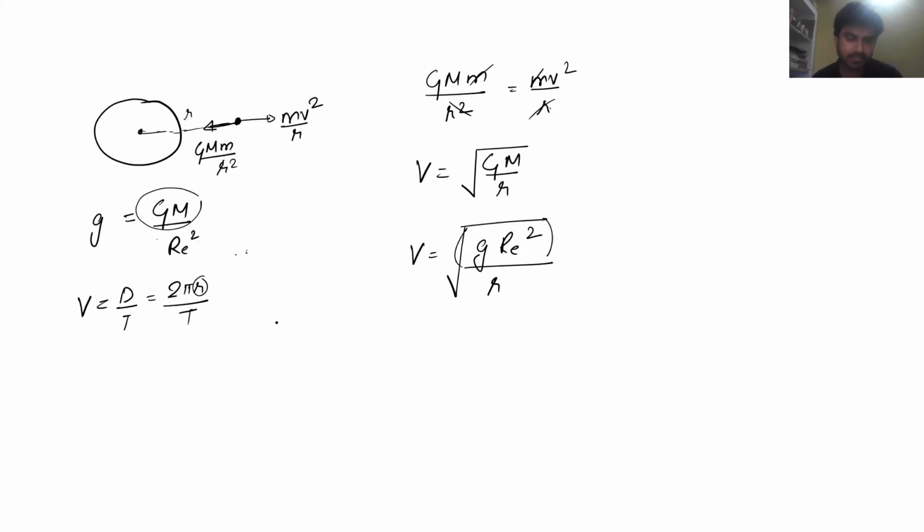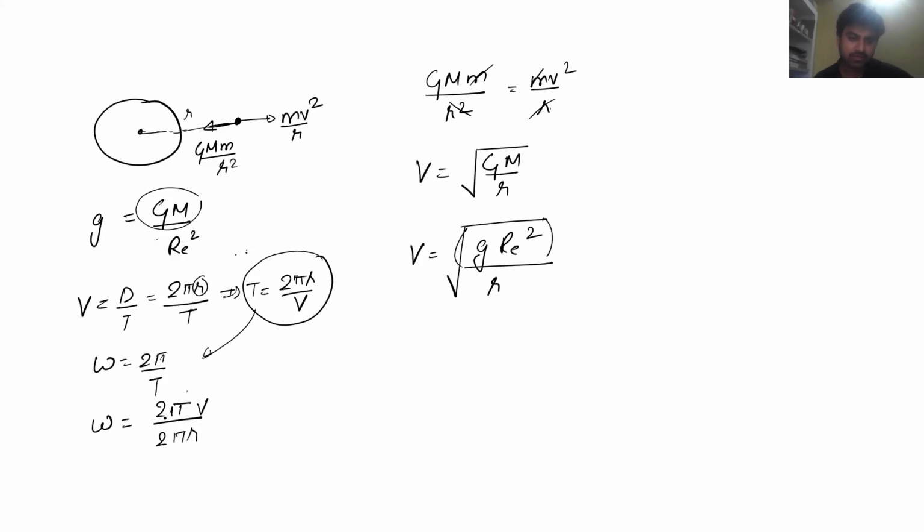Okay, you need omega, right? So omega is equal to 2 pi upon T, right? So from here you will get T is equal to 2 pi r by v. Now you will get omega correlation with respect to r.